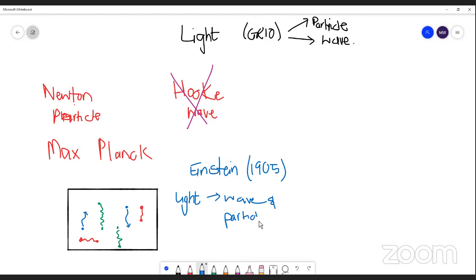What he said was that light has what we call photons. These photons are little pockets of energy. And he actually won a Nobel Prize for this, by the way.